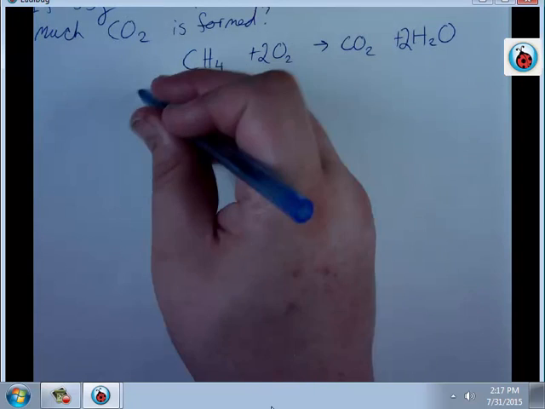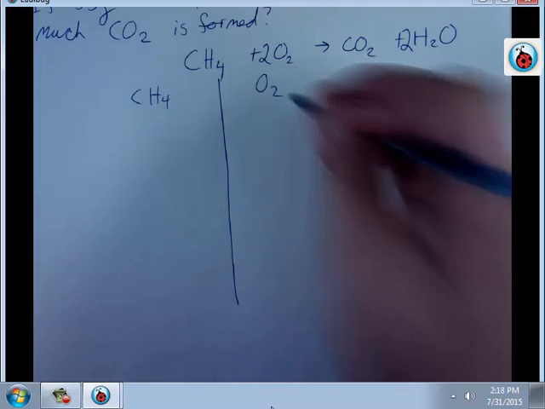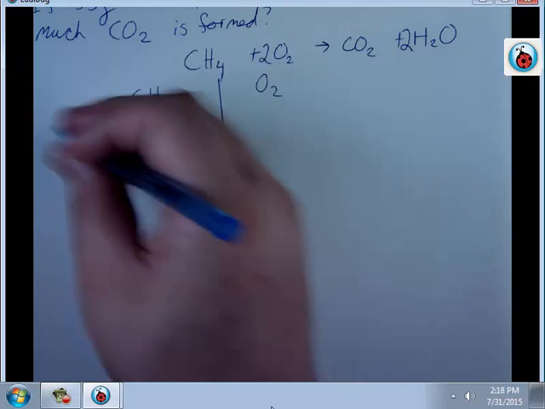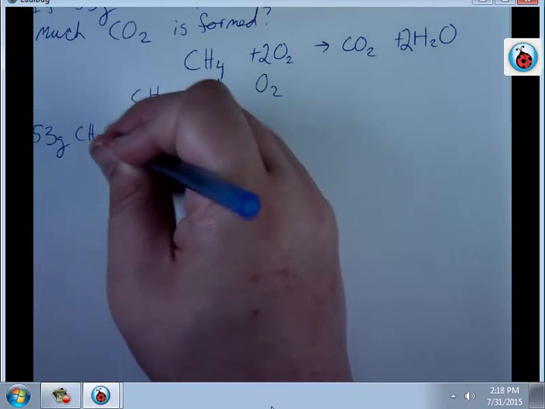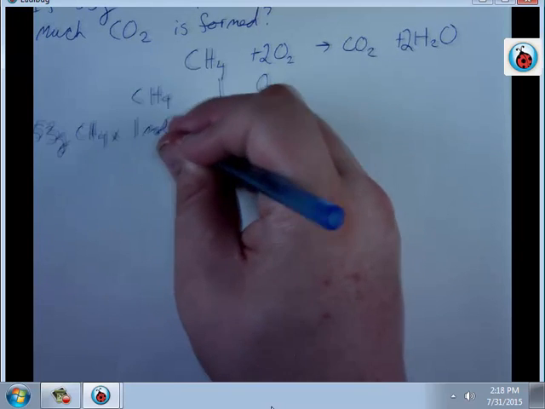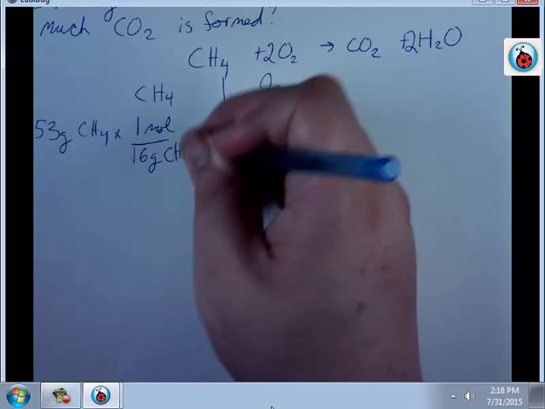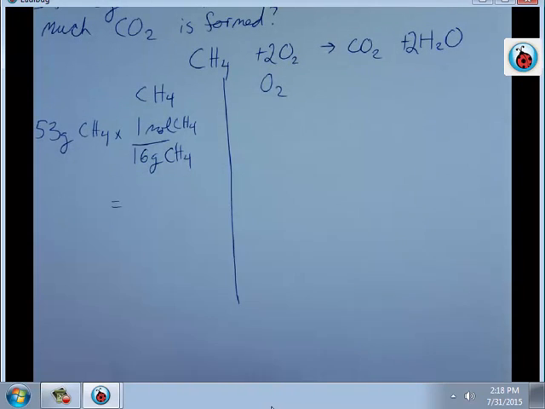So now I can set up my little split here. Alright, so I have 53 grams of CH4 times 1 mole for every 16 grams. Why not? I'll add the CH4 in there. And that gives me 3.3 moles.